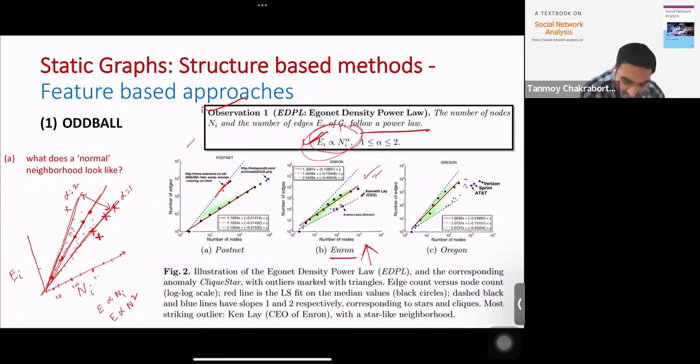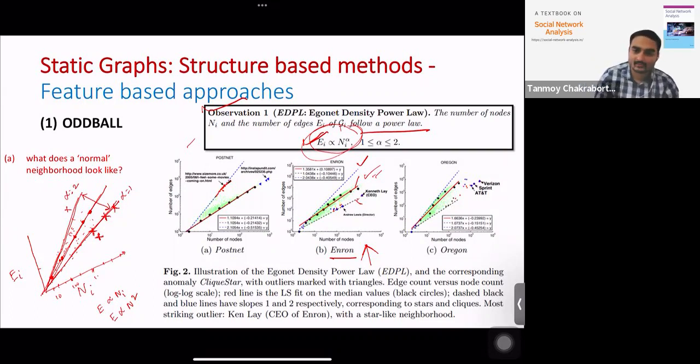So this is a plot. You see here, this blue line is the power law when alpha equals 2. This is when alpha equals 1. This red line is the linear fit. All these black dots are median values, and green points are basically points corresponding to all the ego networks.